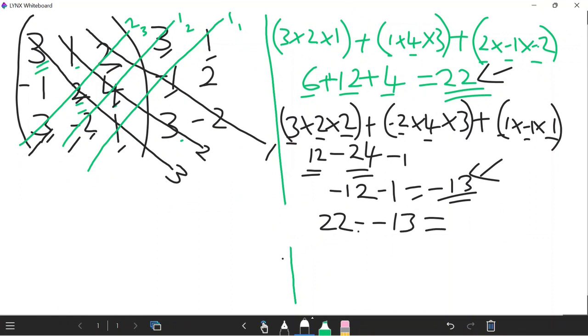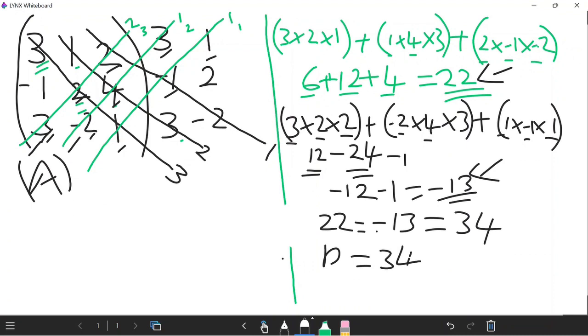So a negative and a negative will give you a positive. So our determinant for the matrix A, let's call this matrix A, will be 34. So basically that is how you calculate a determinant of a 3 by 3 matrix.